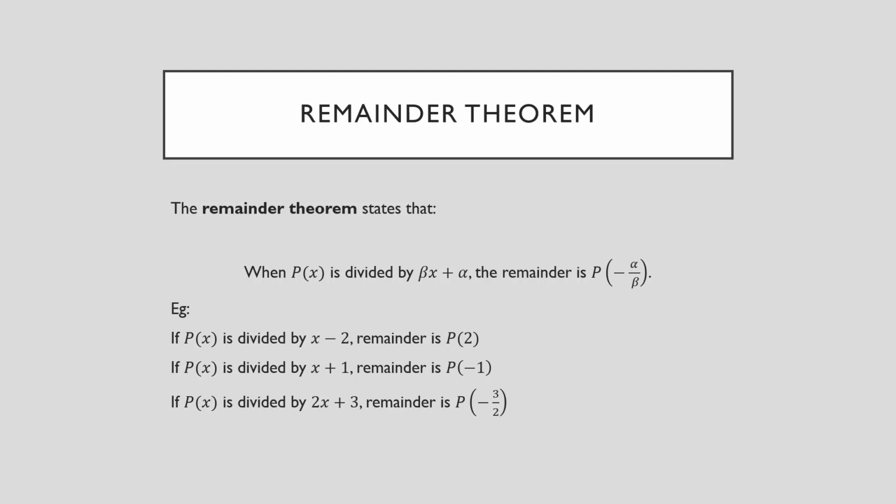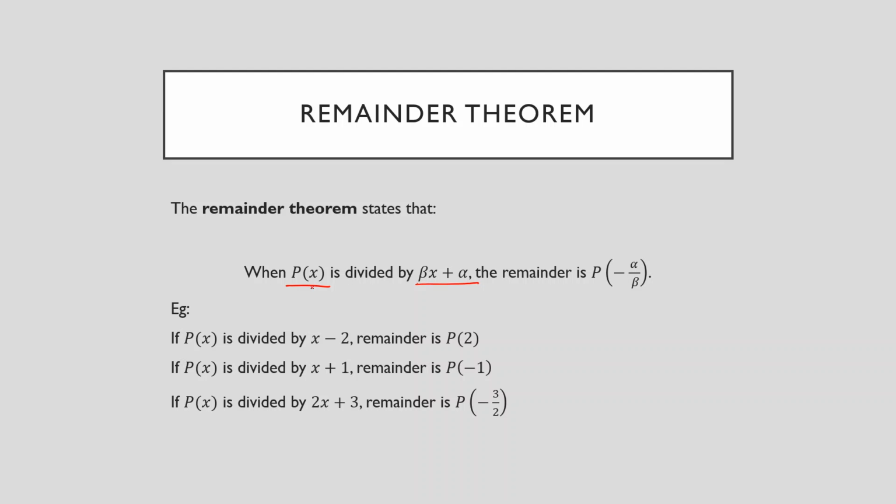It's called the remainder theorem. Okay, so the remainder theorem states that when some polynomial p of x is divided by some linear factor, these two symbols here are Greek symbols. This is beta and this is alpha. Okay, it's from the Greek alphabet. They're just coefficients. Okay, don't worry too much about the actual symbols.